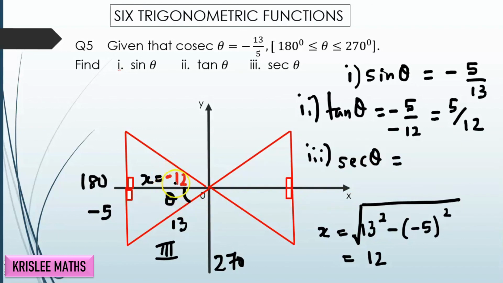So cos theta will be negative 12 over 13. Therefore the reciprocal will be negative 13 over 12. With that, we have completed question 5. Now, all these are paper 1 questions. Mostly, it will be in paper 1.